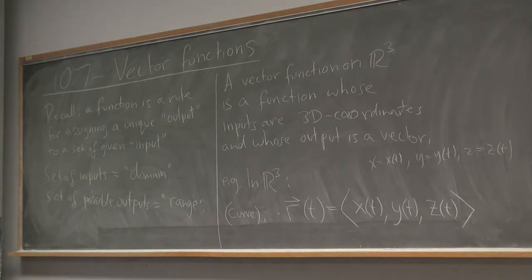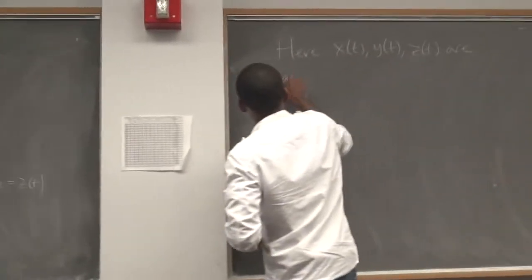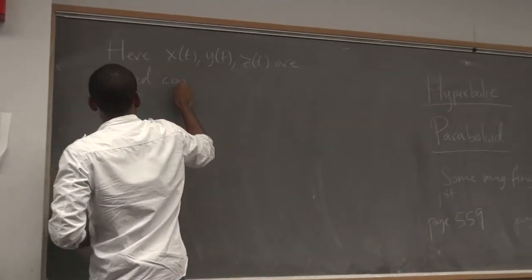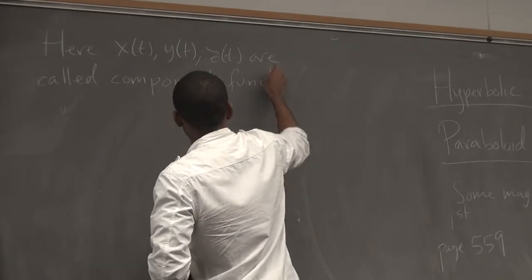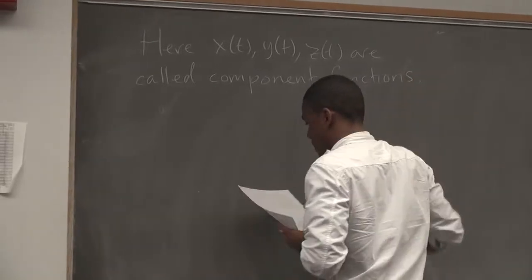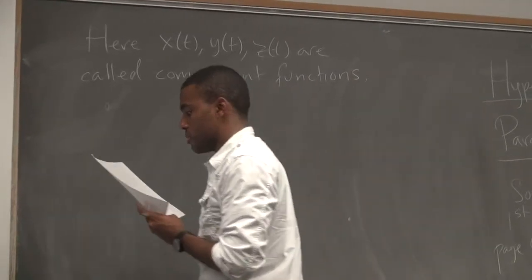So here, x of t, y of t, z of t are called component functions. What are they?